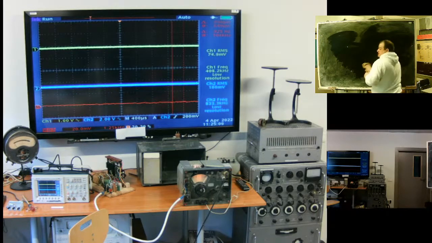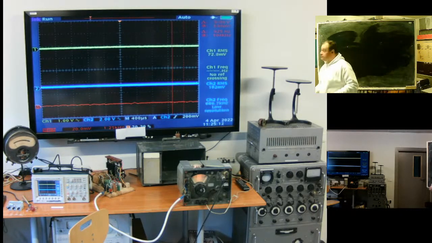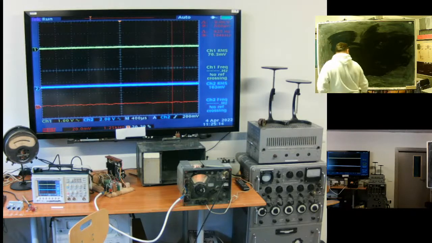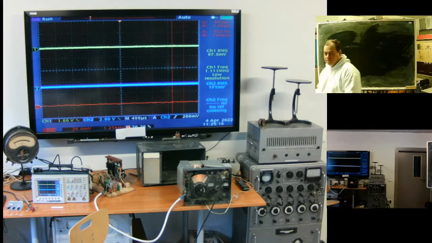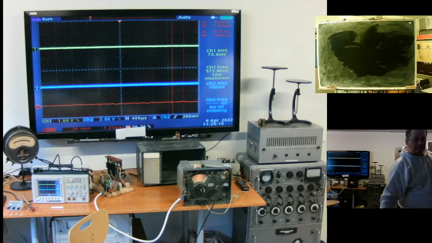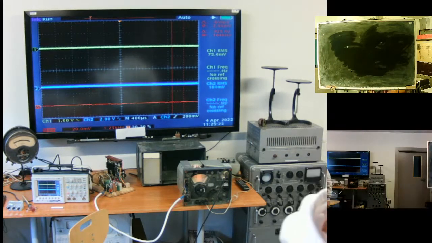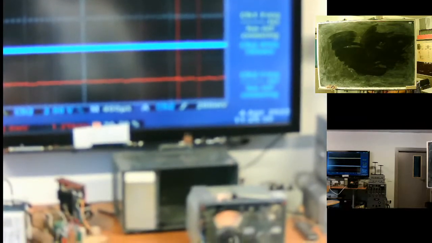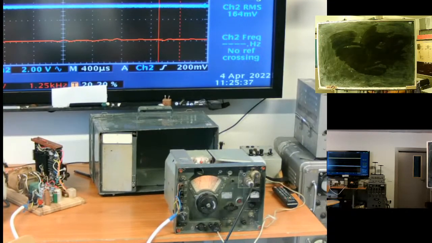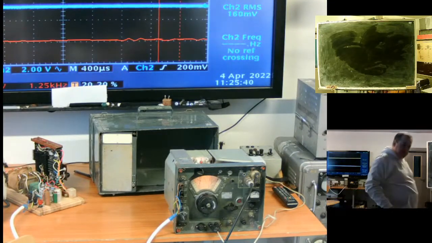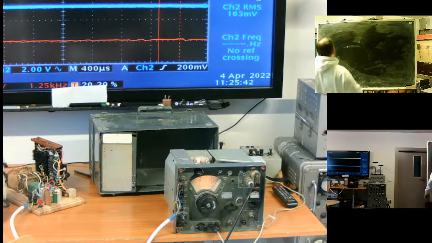How do such receivers work? How does such a device work?